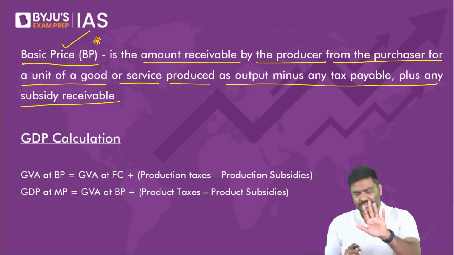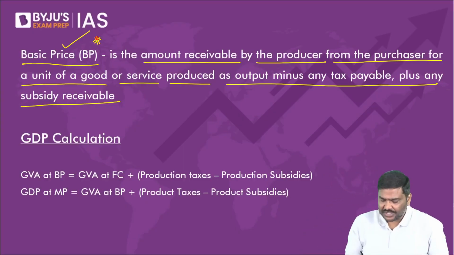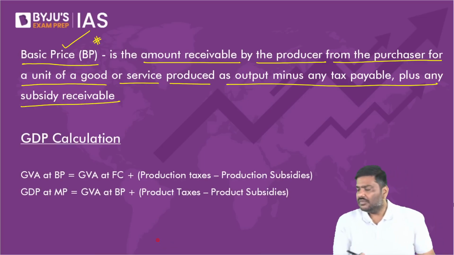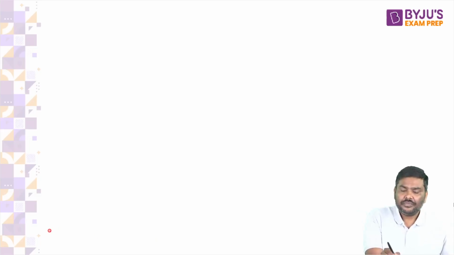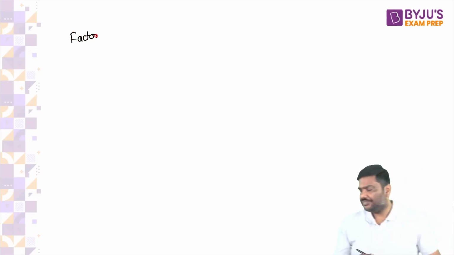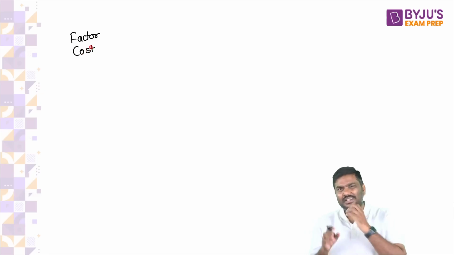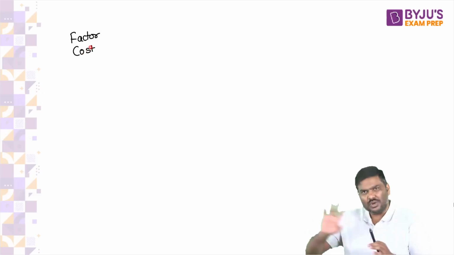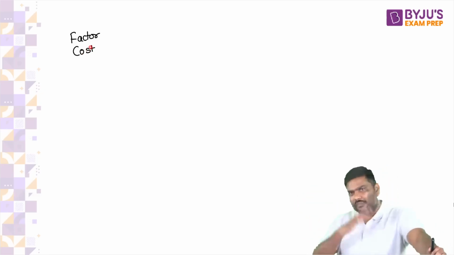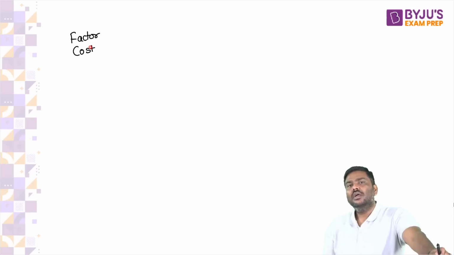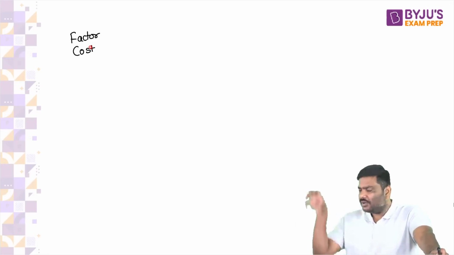Follow the discussion carefully. Generally, this is the kind of calculation they will use. We will start with the factor cost. Now, all of you know we need to calculate GDP through market prices. All of you will agree when I say GDP, we are calculating using market prices.